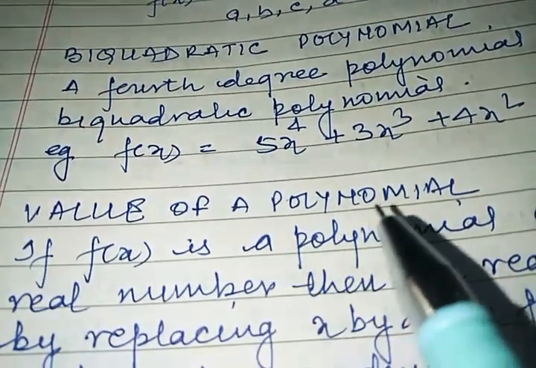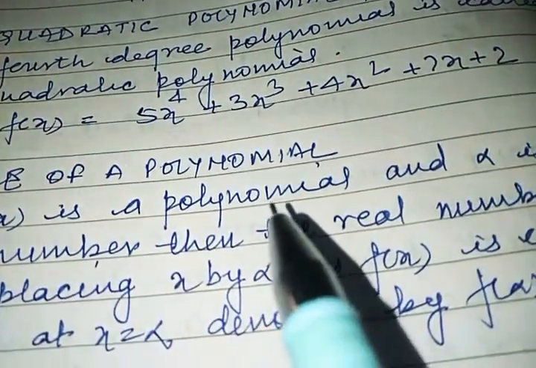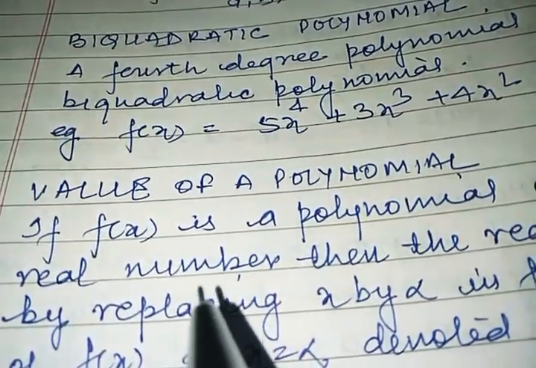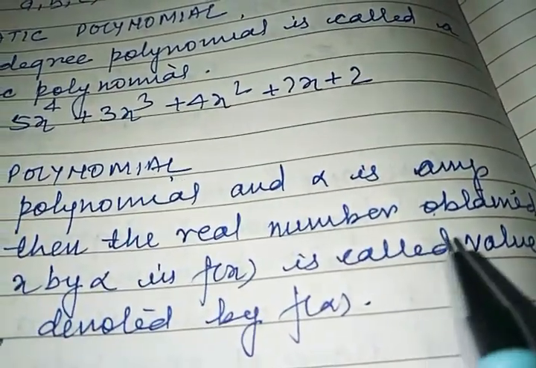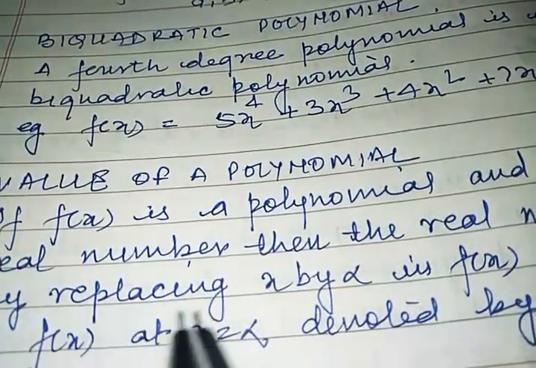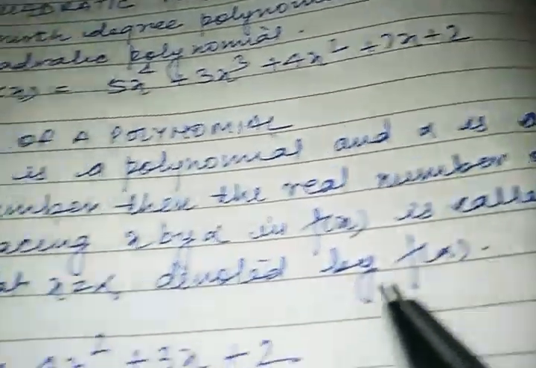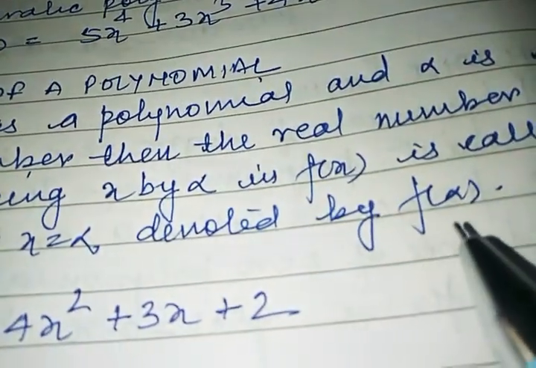Now the value of a polynomial, this is important. So if f(x) is a polynomial and alpha is any real number, then the real number obtained by replacing x by alpha in f(x) is called the value of f(x) at x = alpha, denoted by f(alpha).